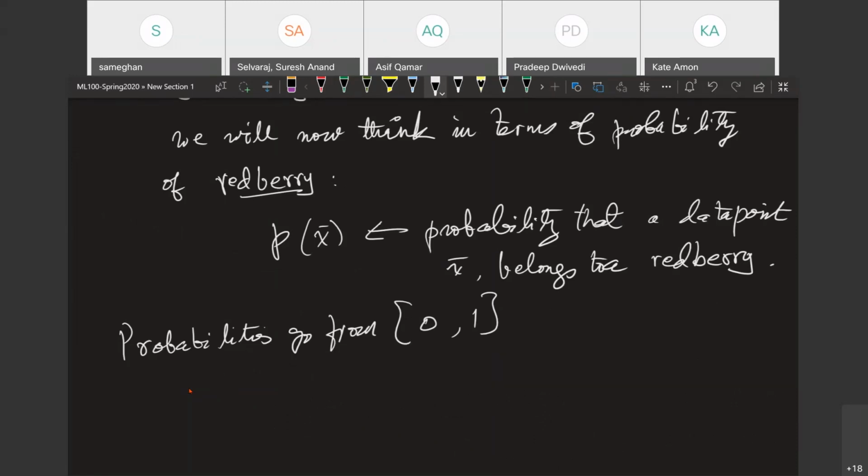Probability 1 means it is a red berry. And in-between values are degrees of likeliness that it is a red berry. So that is the definition of probability. P of X always belongs to the interval 0 to 1.